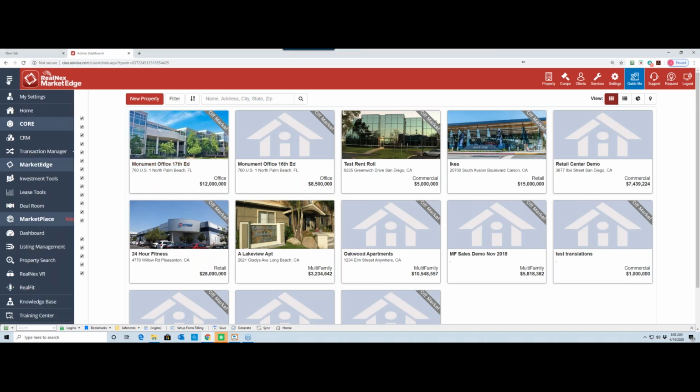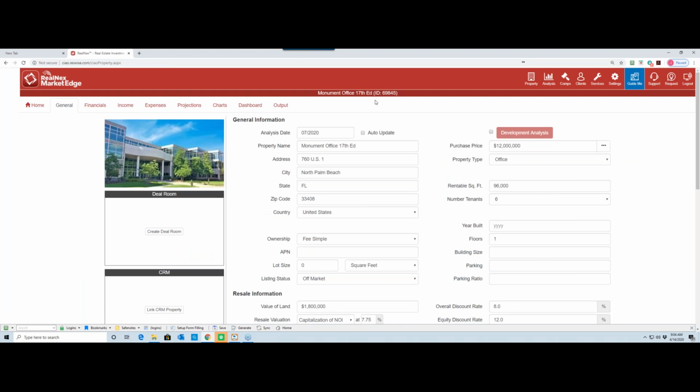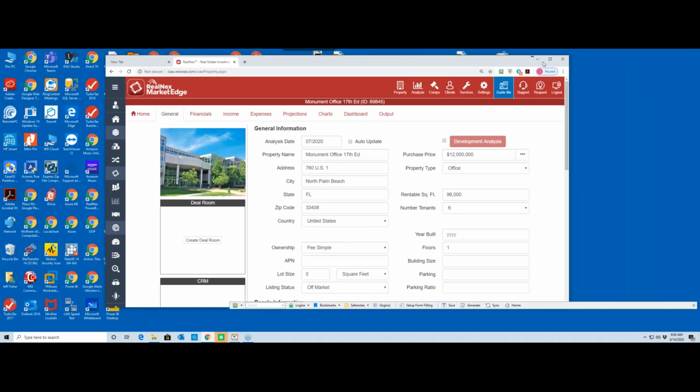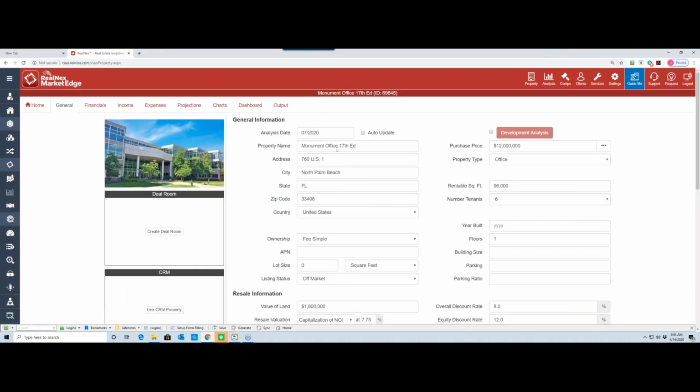I'm in the investment tools area. There's also lease tools and of course other areas that you've talked about in other webinars. I'm going to pull up this property, Monument Office. It's a fictitious property, but again, hopefully somewhat representative of other office properties.